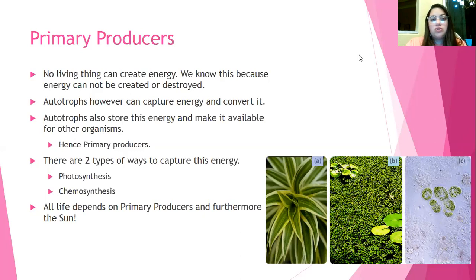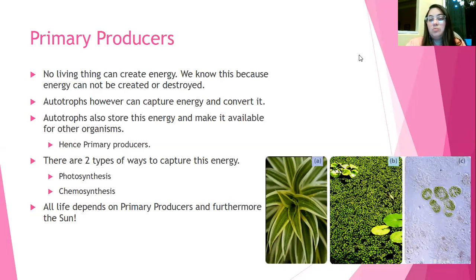So autotrophs also store this energy and make it available for other organisms. They store it in their roots, they store it in their leaves, they store it in their fruit and their seeds. They are going to store these carbohydrates in a place where we can then harness that carbohydrate as our food, and other animals can do this as well.